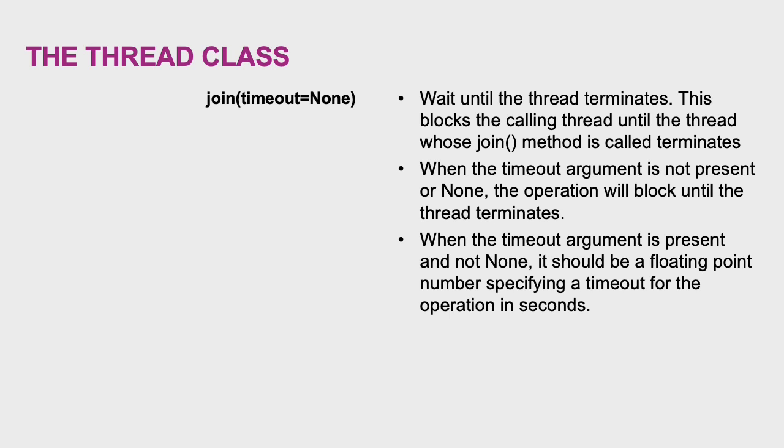When the timeout argument is not present, or the timeout argument is None, the operation will block until the thread terminates. For an indefinite amount of time, we wait. When the timeout argument is present and is not None, it should be a floating point number specifying a timeout for the operation, and it is expressed in seconds.